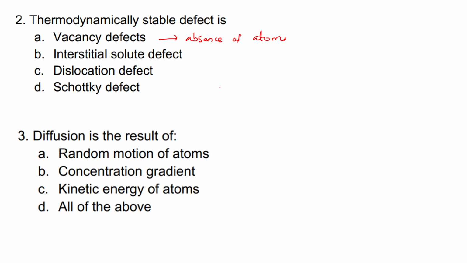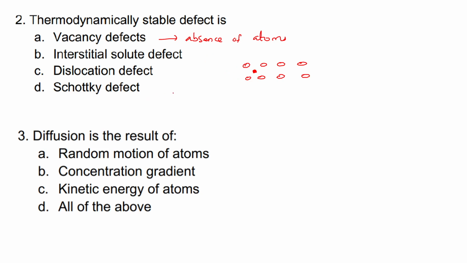Now, what is an interstitial solute defect? A solute in its interstitial position. If atoms are arranging in a solid, and any other atom sits in this place, we can call it an interstitial solute defect.